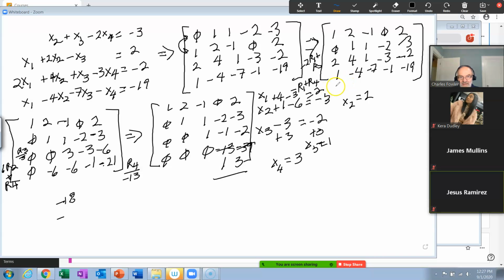Subtract 1 from both sides. You get x sub 1 is equal to 1. I think I just did it in my head. So your solutions you can write as a 4-tuple. 1, 2, 3, 3.